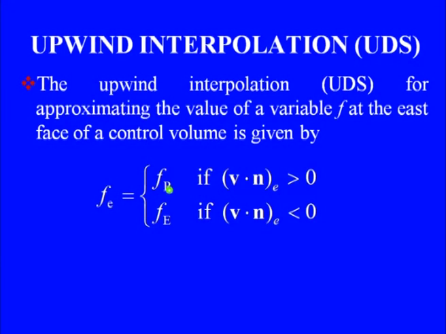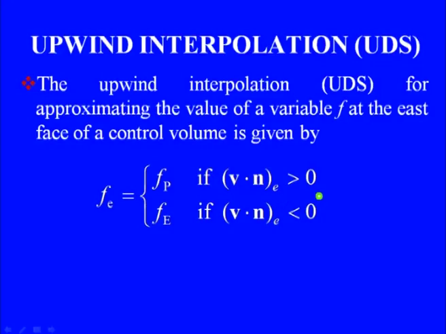f at e is given by f at P, where P is the point to the left of the face e, if v dot n at point e, that is the velocity component at point e in the x direction, is pointing towards the positive x axis, that is when v dot n at e is greater than 0.